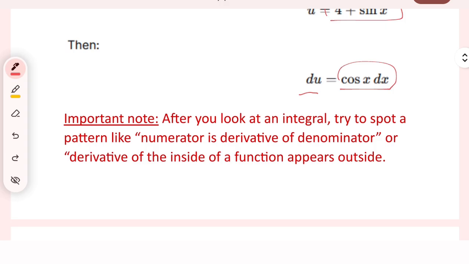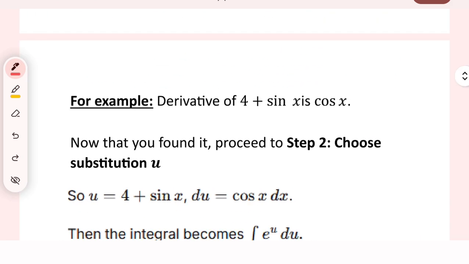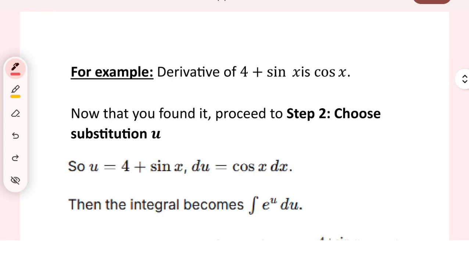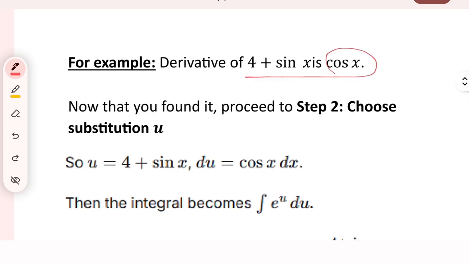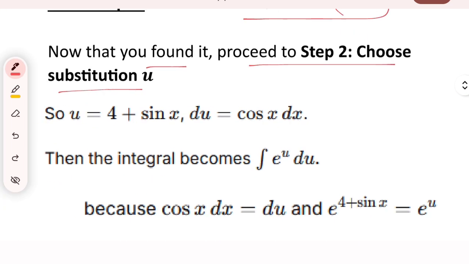What I mean by substitution again is this: let u, and then you compute du. That is what you need to always remind yourself of: try to see some patterns. Here, the derivative of 4 plus sine x is cosine x.